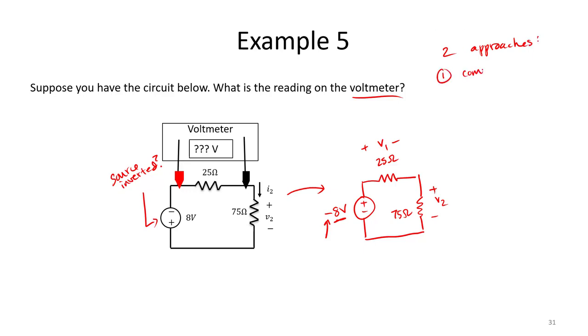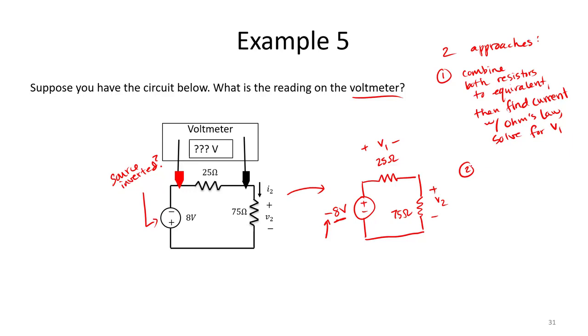First approach is we could combine our resistors to an equivalent, then find our current with Ohm's law and solve for our voltage V1.